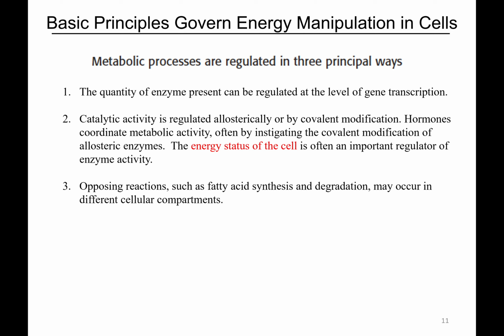But the idea is we can control the amount of an enzyme present. We can control the catalytic activity, so how active an enzyme is, using allosteric regulators, using chemical signals. At the end of the day, the two really big things are hormones and some signal about the energy status of the cell.